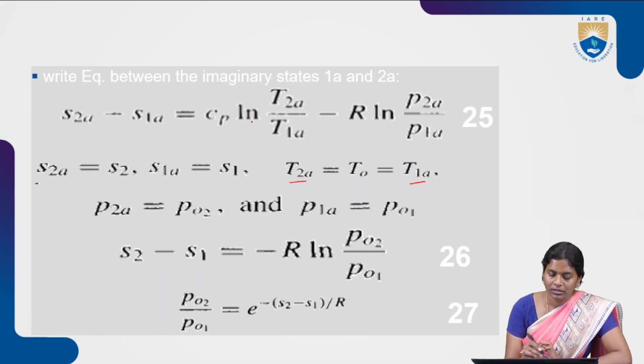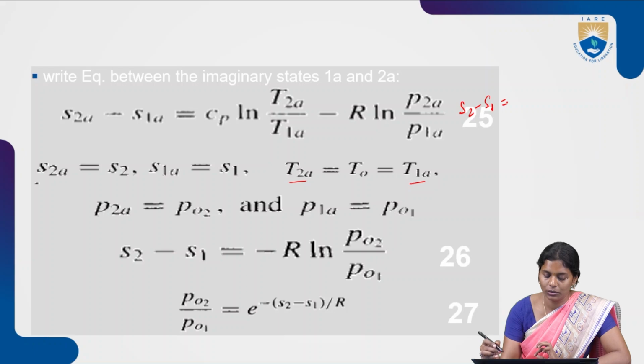We can write the above equation as S2 minus S1 equals 0 minus R ln of P02 by P01.